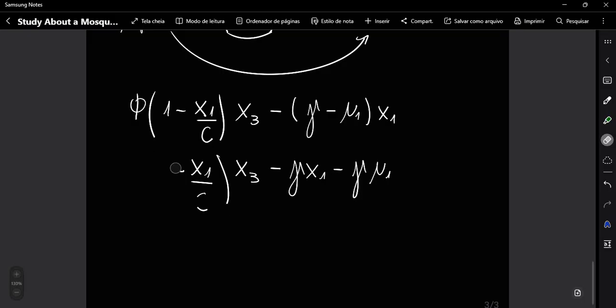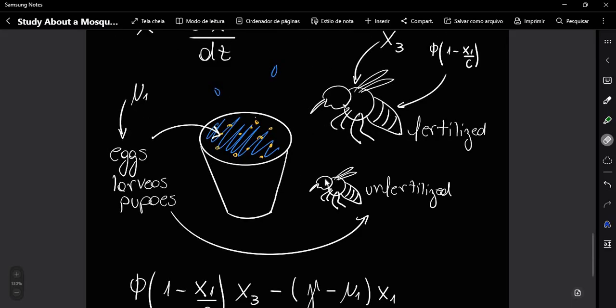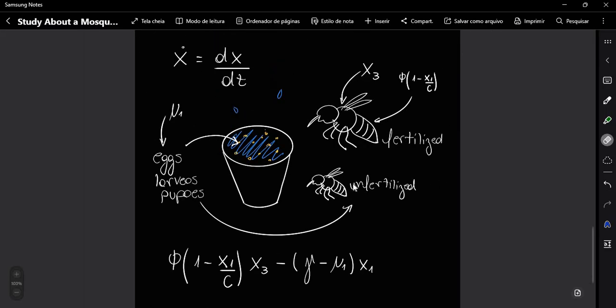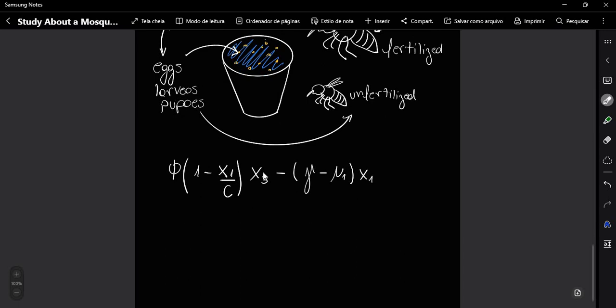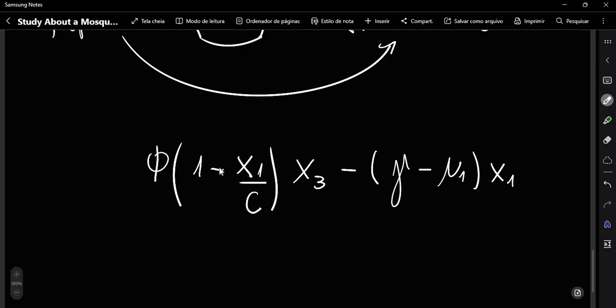Okay, to do this modeling, you have to know again the mechanics of how the mosquito reproduces itself. So I try to represent this right here. And we have three equations to complete the system.